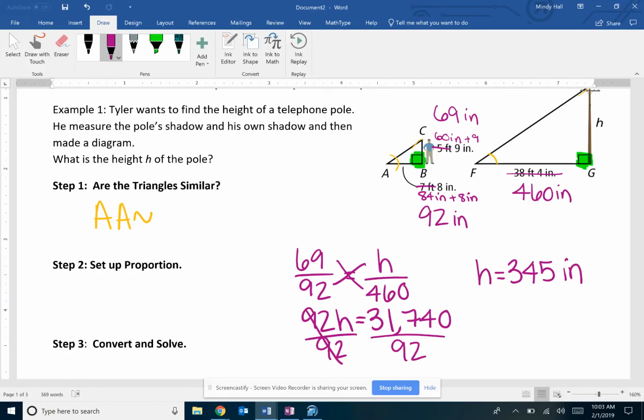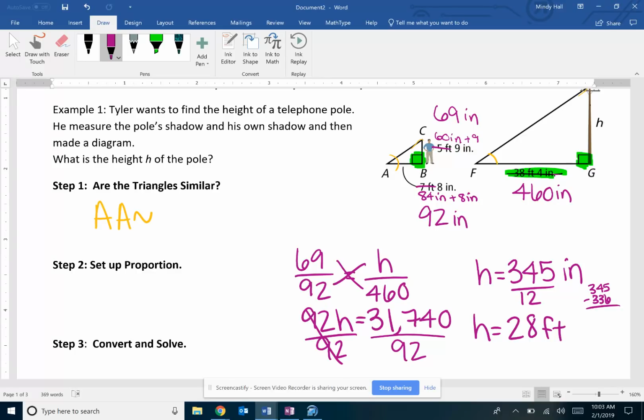Now, because our original measurements were given in feet and inches, we want to still use feet and inches. To convert this, we divide by 12, and 345 divided by 12 is 28.75. If you don't know how to make that .75 into inches, you know you have 28 feet total. If you take 28 times 12, you get 336 inches.